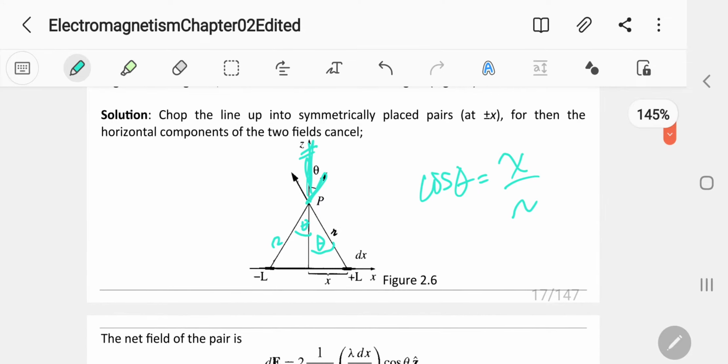I'm sorry for that. This is not x, this is sine. I'm talking about sine theta.